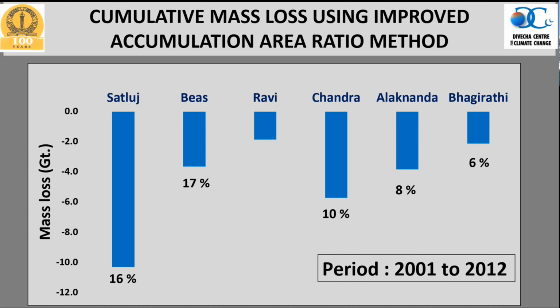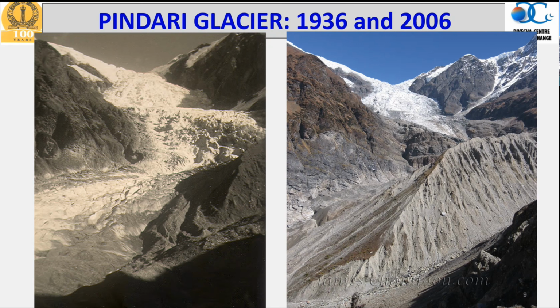So there is a significant mass loss taking place in the Himalayan glaciers, resulting in a significant amount of glacial retreat. In this figure we can see Pindari Glacier from 1936 to 2006, how glaciers have lost. This Pindari Glacier was much bigger and healthy, and now it is restricted only to this part of the valley.